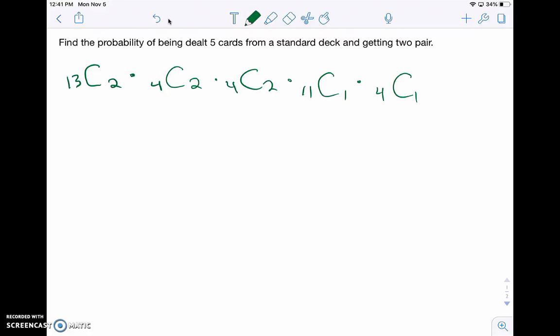I know it looks a little bit overwhelming, but all of that is how we would choose the total number of possible outcomes for obtaining 2 pairs.